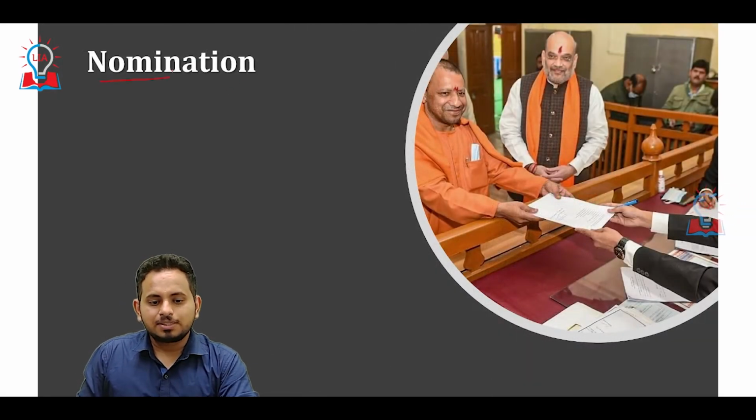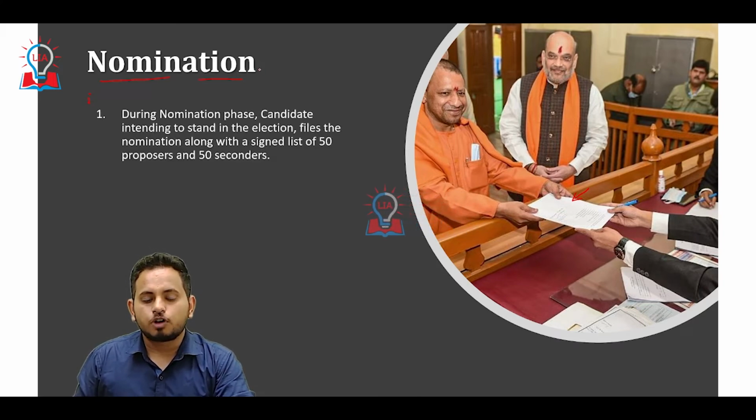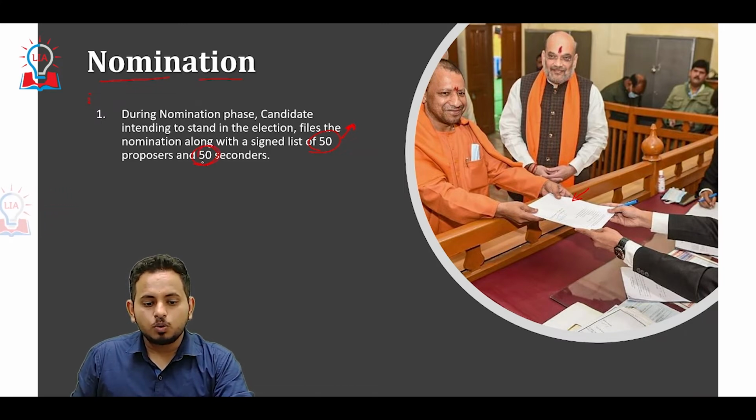When the candidate takes part in the nomination process, in the sense that he will give his application to the Election Commission saying that I am interested in taking part in the presidential elections, during this process of nomination, the candidate has to have 50 proposers and 50 seconders, which means 50 electors of the electoral college should sign stating that this particular candidate who is aspiring to become the President of India has our support, and 50 people who are called seconders have to give their support before the election itself.